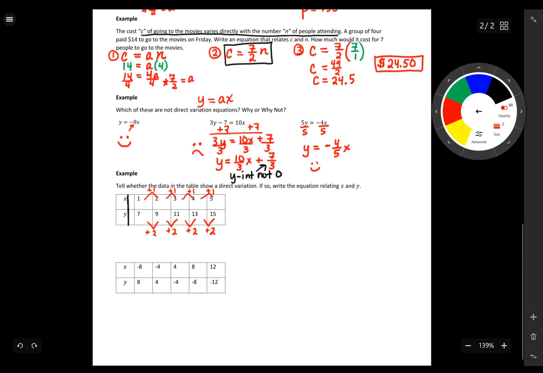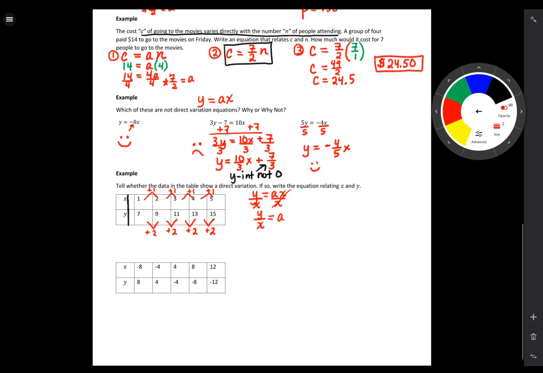Okay, let's write our direct variation equation, y equals a times x. And what we need to do is solve for a. So we want to get a by itself, so we want to divide by x. And so a equals y over x. Now let's write each of these ordered pairs as a fraction.